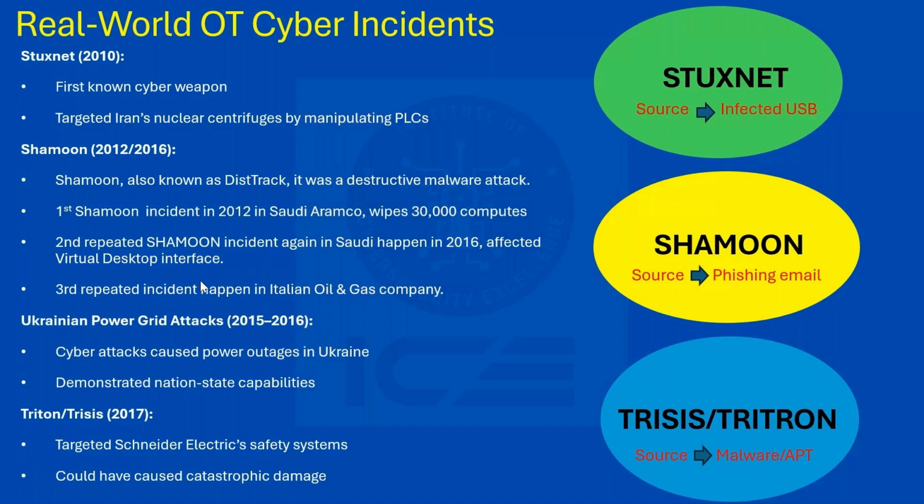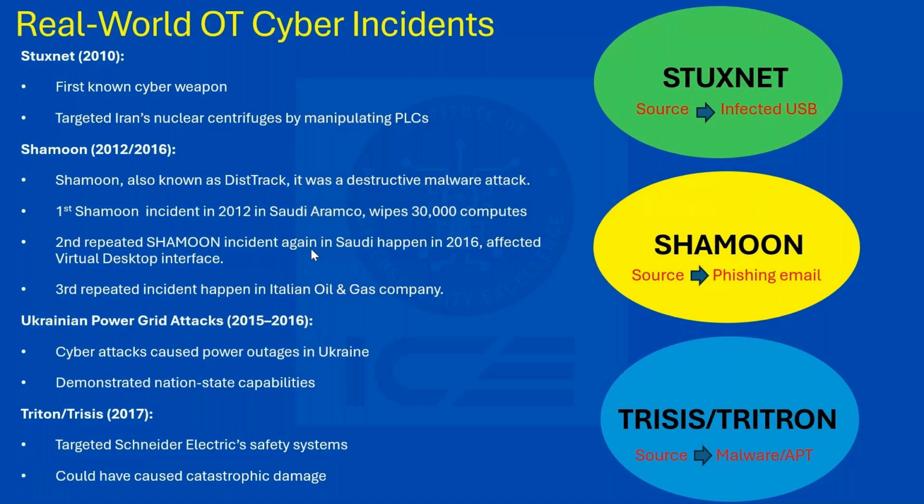This is one of the key things to take care of while we are doing the hardening. After Stuxnet, Shamoon happened first in 2012, then again in 2016, and further in an Italian oil company. It first happened through a phishing email, which wiped off, and you can understand the magnitude, in the GCC, one of the biggest oil and gas industries, almost 30,000 computers according to reported sources.